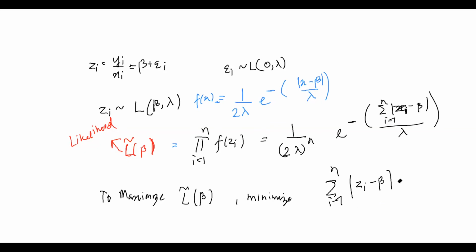There is a result that this quantity is minimized at beta hat MLE equal to the median of the zi's. So we got that beta hat OLS is the same as z bar and beta hat MLE is the median of the zi's.